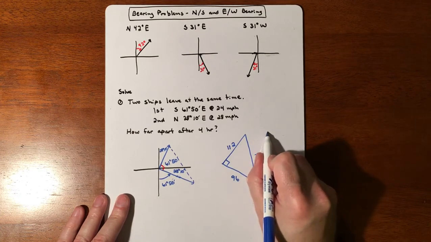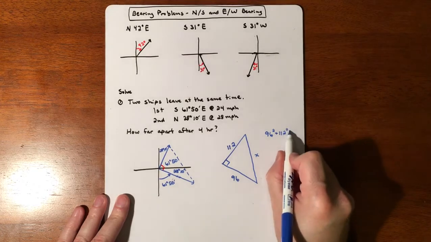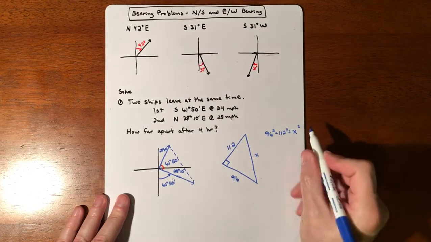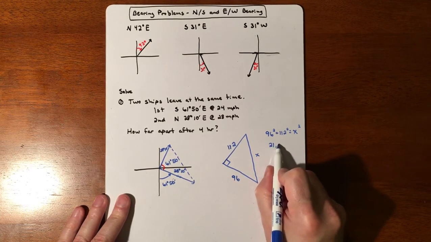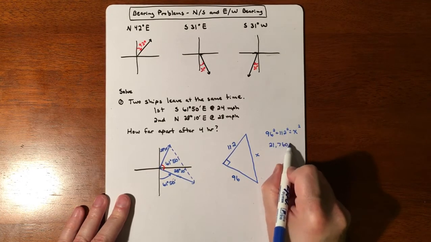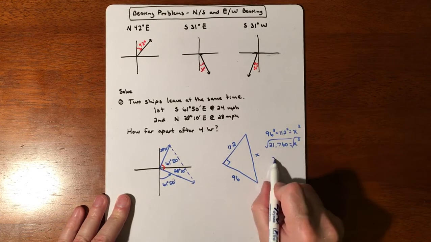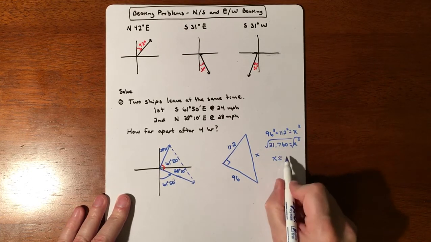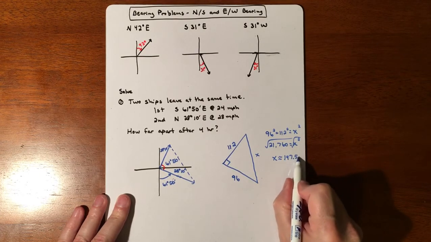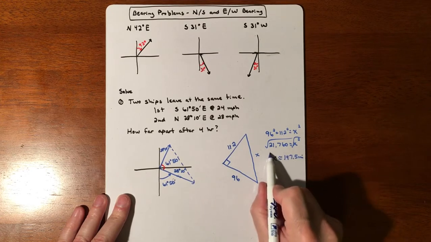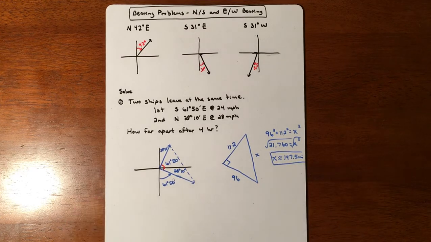We can just take 96 squared plus 112 squared equals x squared, the hypotenuse squared. If we add all that together, that's 21,760 equals x squared. Square root it, and x gives us approximately 147.5 miles. All right, so that's the first one.